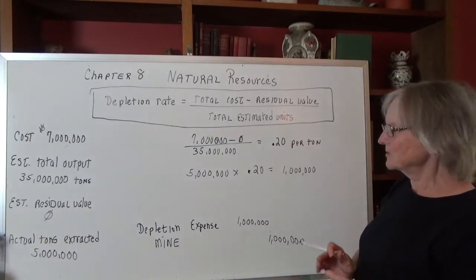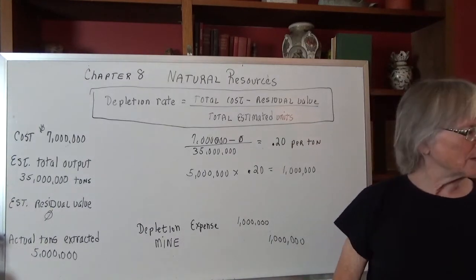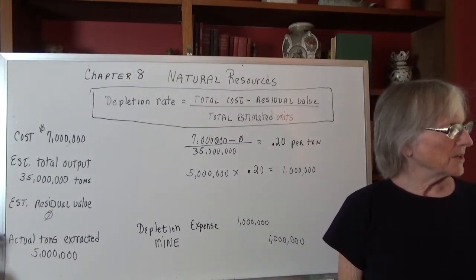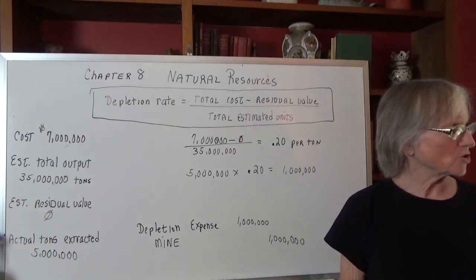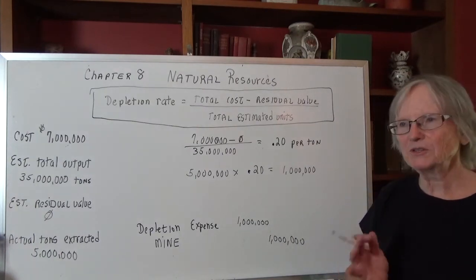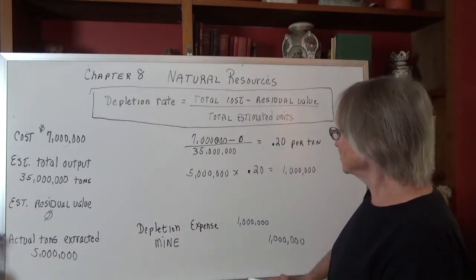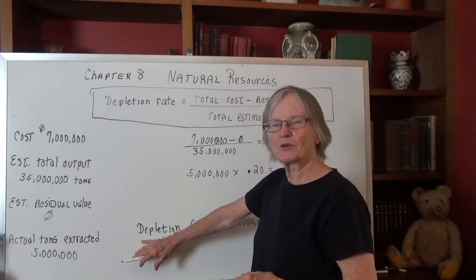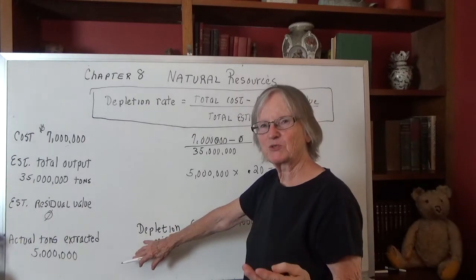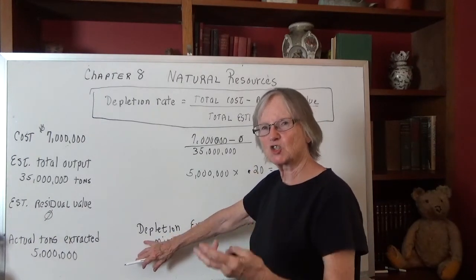Okay, so now the only complication here is, what if we had not sold all of the ore that we mined? Depletion expense relates to ore, or whatever natural resource has been mined and sold.